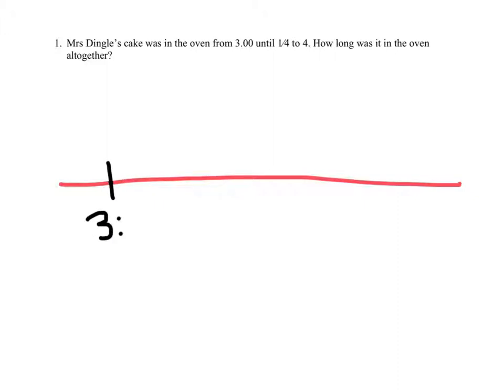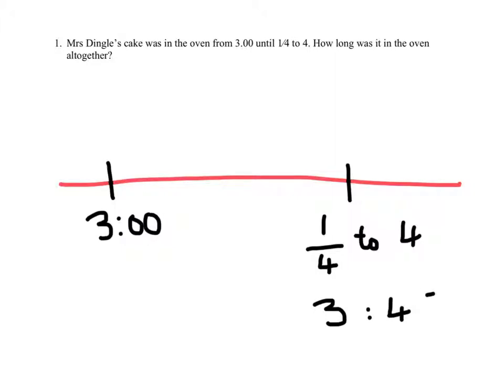Next problem. Slightly tricky here because of the language. Mrs. Dingle's cake was in the oven from, that means the start time is 3 o'clock, so from 3 o'clock until 4:45. 4:45 means 15 minutes until 5 o'clock, which means it was 45 minutes past 4.